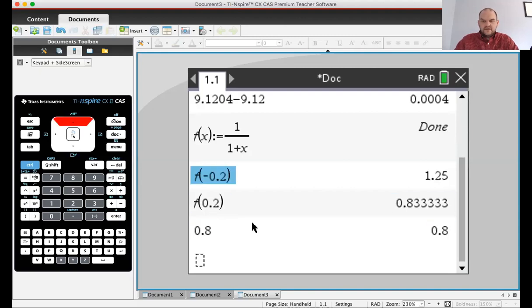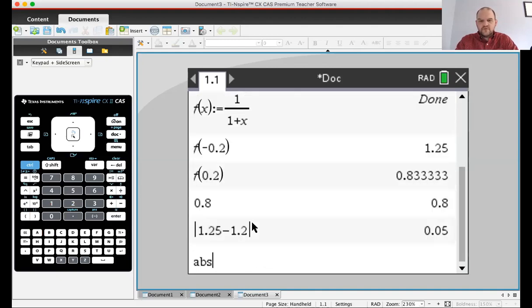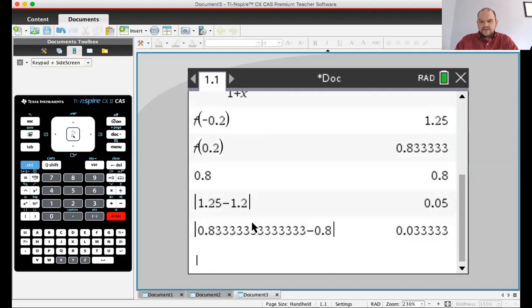Let's do the absolute value of the exact value minus what we got, versus the absolute value of this minus this, which is 0.03. So it is better. The approximation at 0.2 is better than the approximation at negative 0.2.